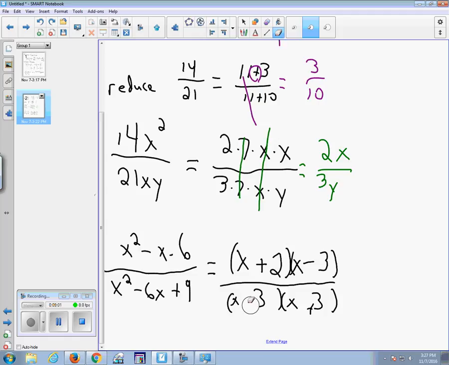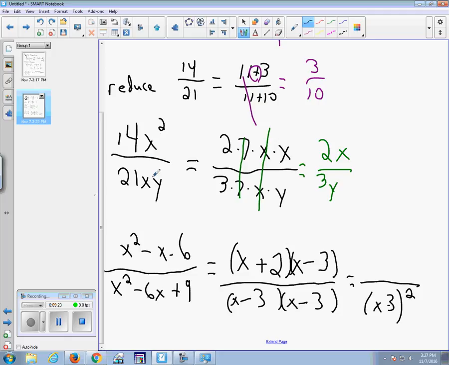So it's not 3 plus 3. It's got to be negative 3 and another negative 3. Now, if I was just factoring this, I might be tempted to write x minus 3 squared, and that's not wrong, but it makes it hard to cancel, right?